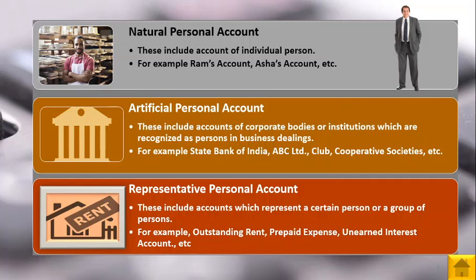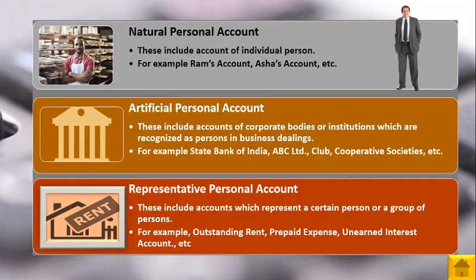And the third category is representative personal account. In this category, it's not an individual but a group of persons. That is representative personal account. So when I say rent, of course it's an expense. But if I say outstanding rent, it says that rent which is due but not paid.